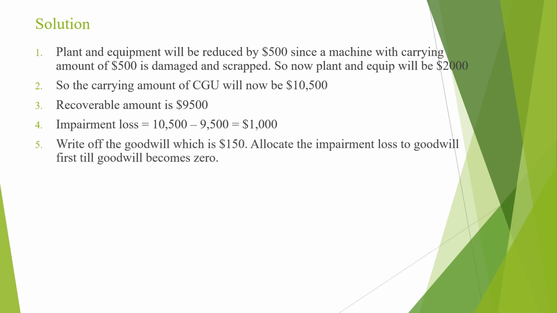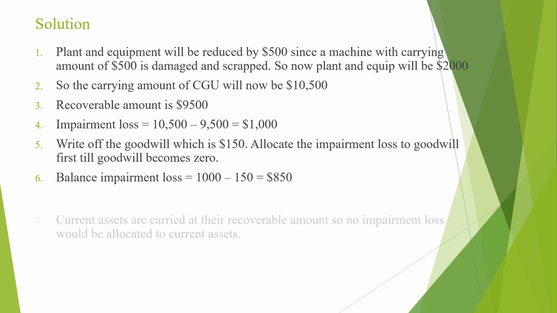So the next step would be to write off this loss. We will first write off the goodwill. So goodwill will be written off, which is $150. Allocate the impairment loss to goodwill first till the goodwill becomes 0. Now the balance impairment, out of 1,000, 150 has been written off. So now you have a loss of 850 which you have to allocate between the assets.